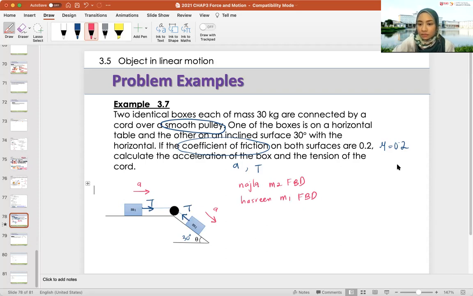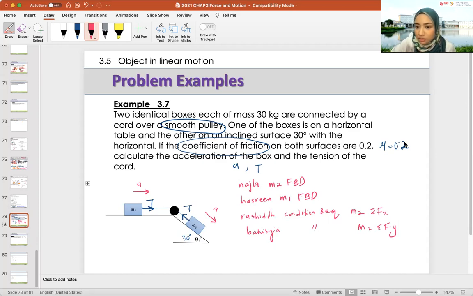And then Rashida, condition and equation, M2, FX. And then Batrisha sama, M2, net in the FY.